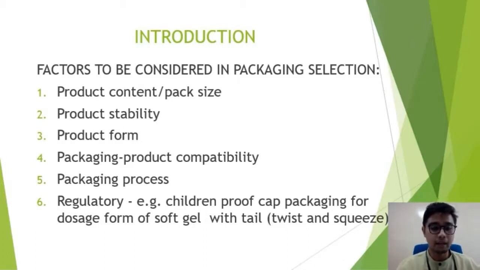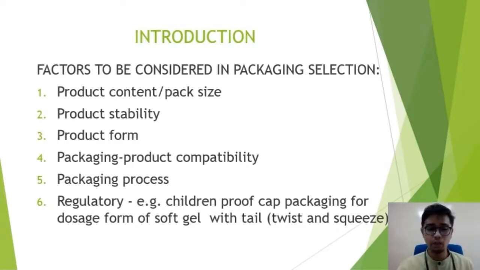Then the packaging process itself. If the packaging process uses automated equipment, the packaging has to be compatible with the machine. That's what we have to consider for the packaging process.